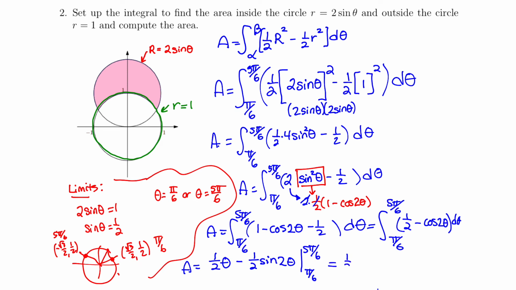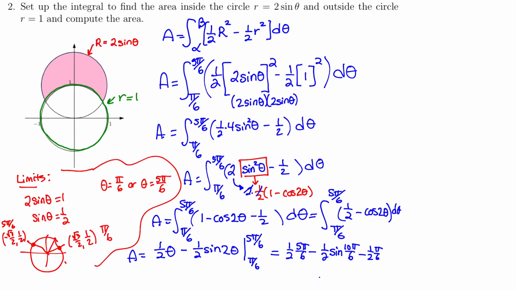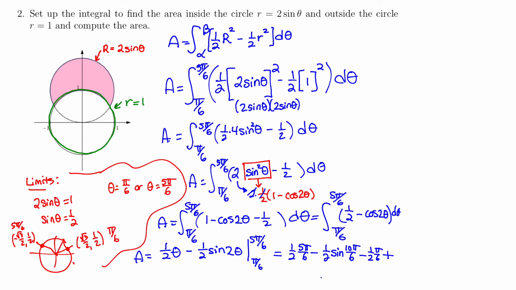And if you plug things in, you'd get 1/2 times 5 pi over 6 minus 1/2 times sine of 10 pi over 6, minus 1/2 times pi over 6, minus makes plus 1/2 sine of 2 pi over 6. And what does that give us?